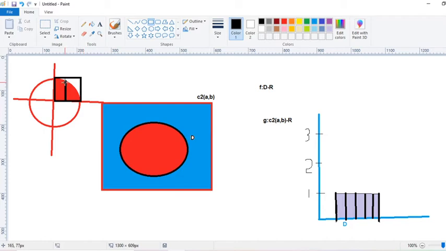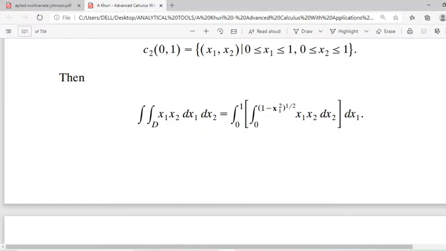So this lamina is integrated from 0 to root of 1 minus x1 square, and then we move this lamina from 0 up to 1, and we will get the area of this region.